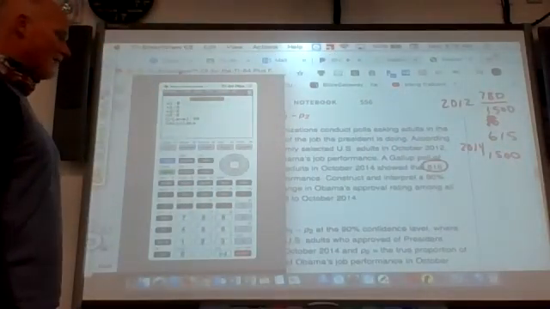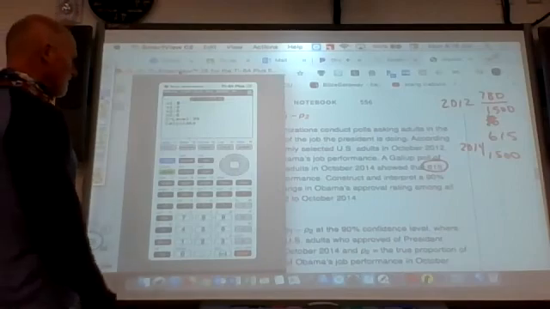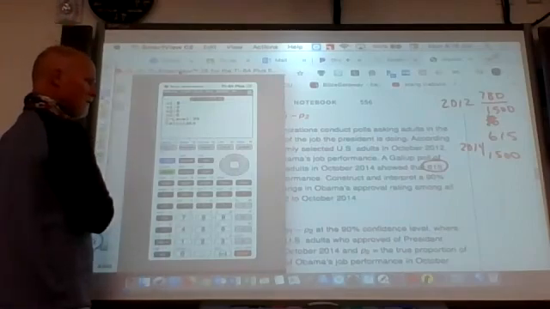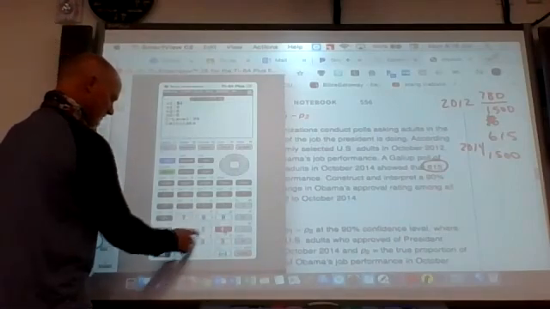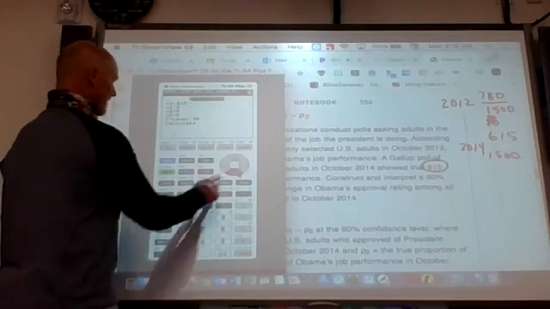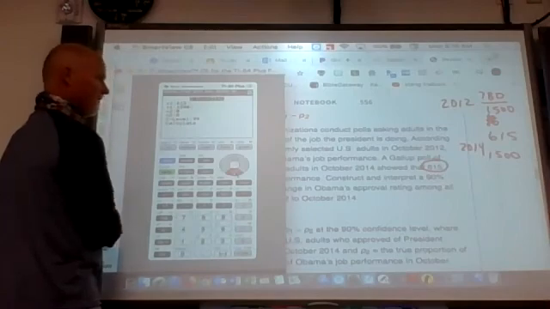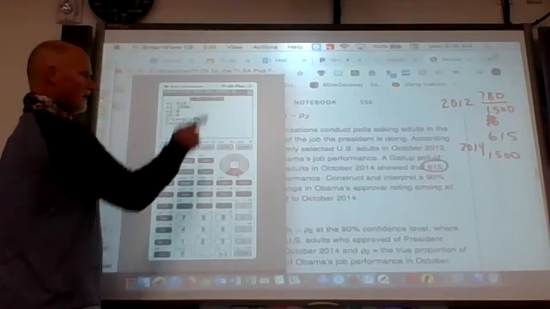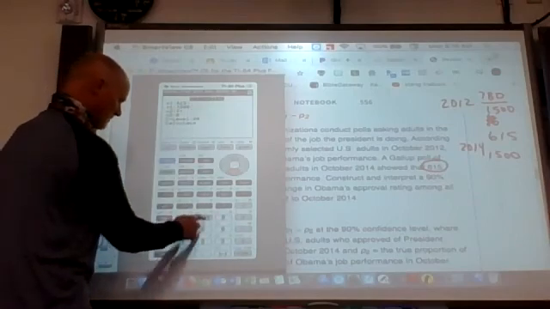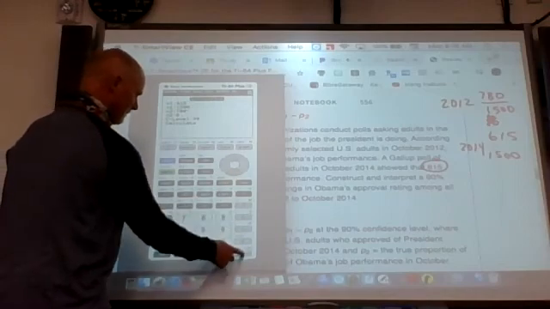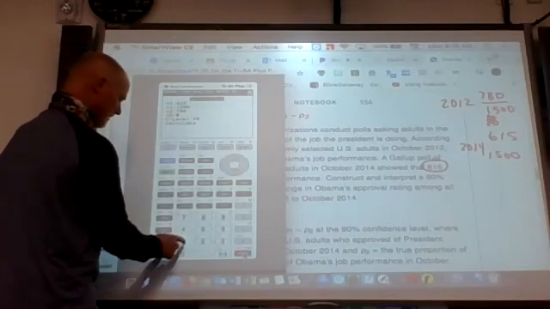They want us to compare that. They want to know how much it's changed from there. So I'm going to put in 615 and then 1500. And then for my P2, it's the 2012, so that would be 780 and then 1500.